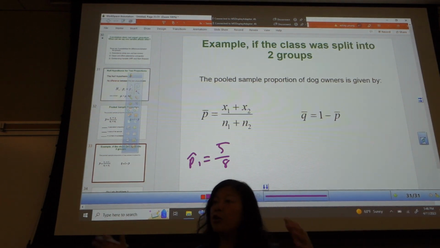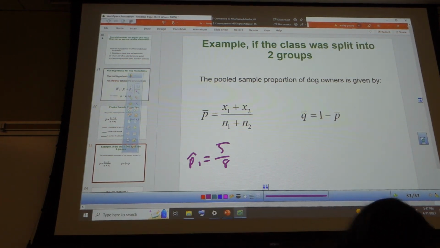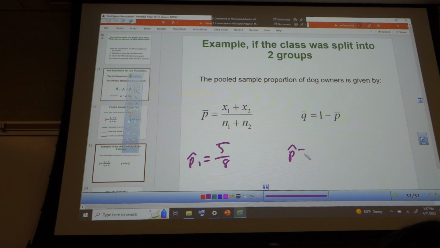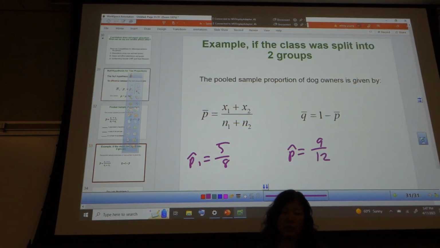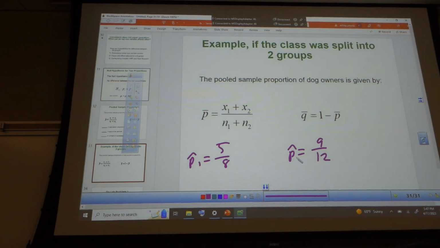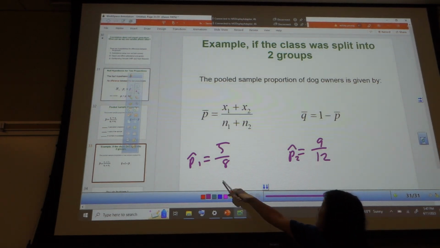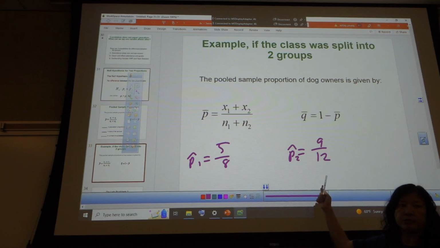Then I take a sample of another group of students, and this time, say 9 out of 12 of them own dogs. So I have my first sample and my second sample.